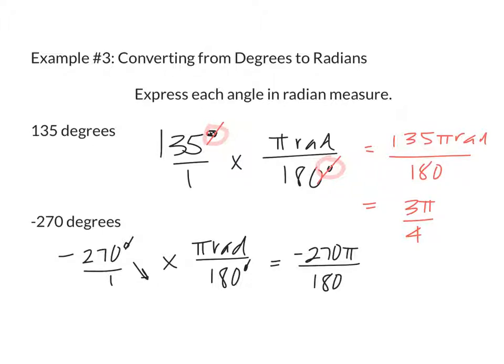They will reduce all the way down to negative 3 pi over 2. And how do I know to reduce? I choose some number that they both have in common, and I divide. Negative 270 and 180 both share 90 in common. If you divide negative 270 by 90, I get negative 3. If you divide 180 by 90, I get 2. So that's how I get negative 3 pi over 2.